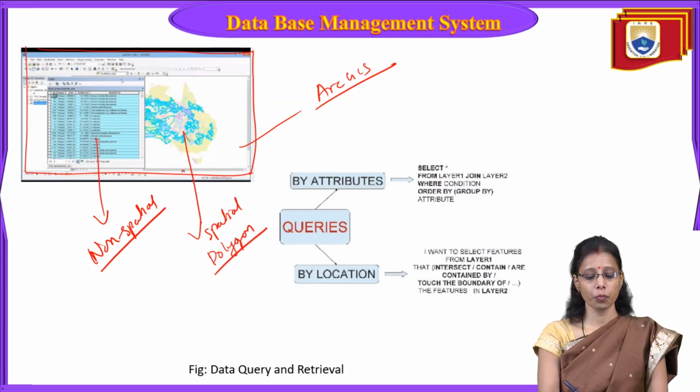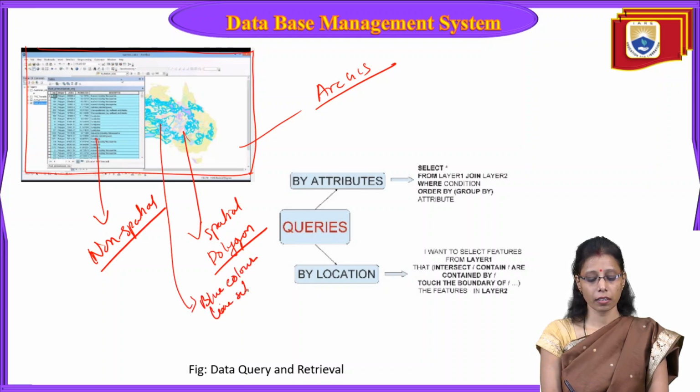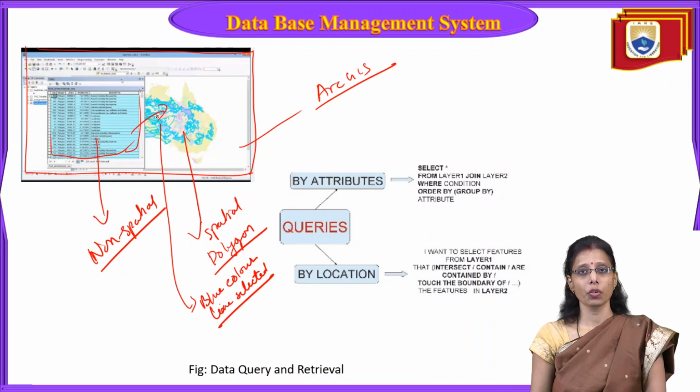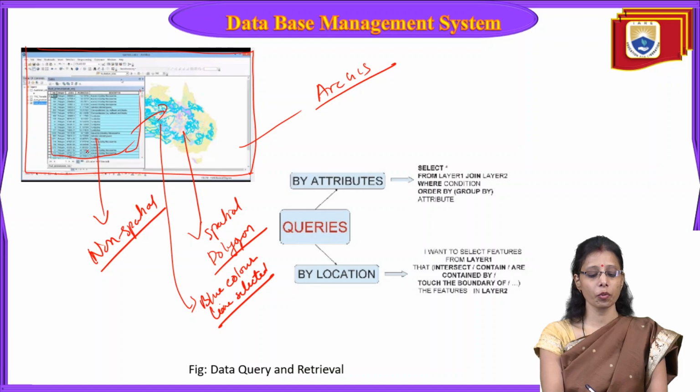In this polygon, the blue color line is selected, which means we have done the query. In the query, we just need all the information linked to the spatial data. Once you do the query by attributes and select the attributes, here the attributes are selected. So what are the attributes here?